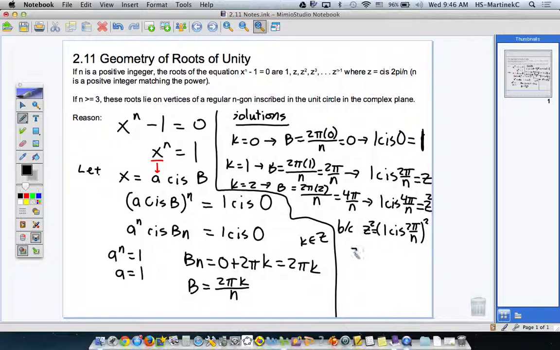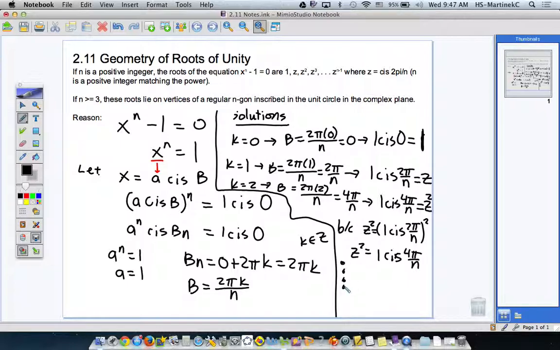We would multiply magnitudes, so we'd have 1 times 1 is still 1, and add the arguments, so we'd have 2 pi over n plus 2 pi over n would make 4 pi over n.